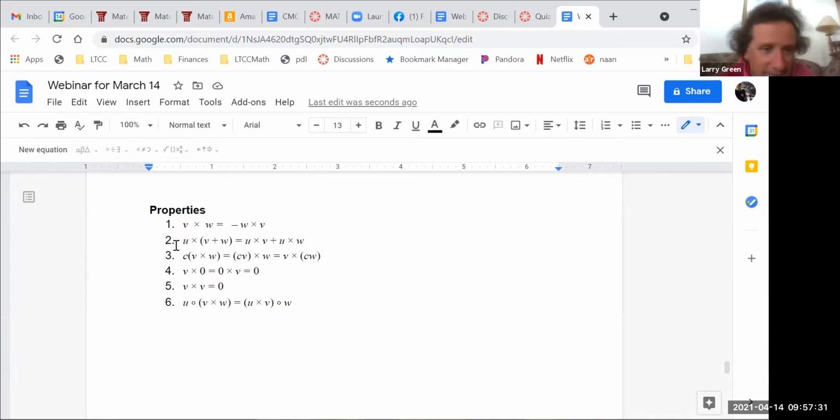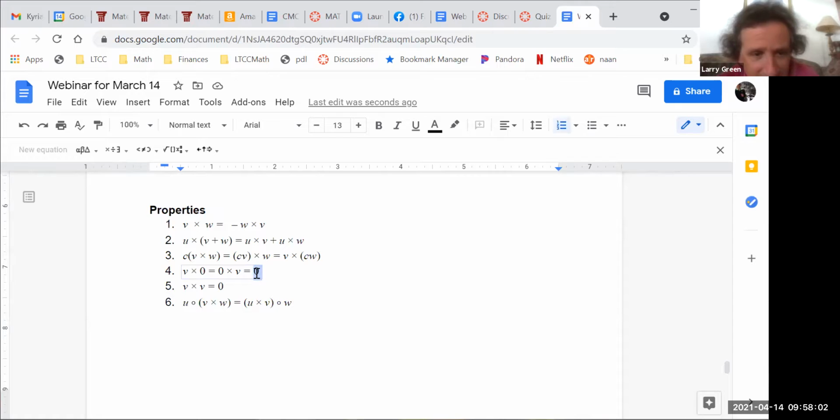Okay, but the good news is you can actually do the distributive property, and U cross (V plus W) is U cross V plus U cross W. You can also distribute a constant, C(V cross W) is CV cross W, which is also V cross CW. Also, if you take V cross 0, that's 0 cross V, and that's 0.